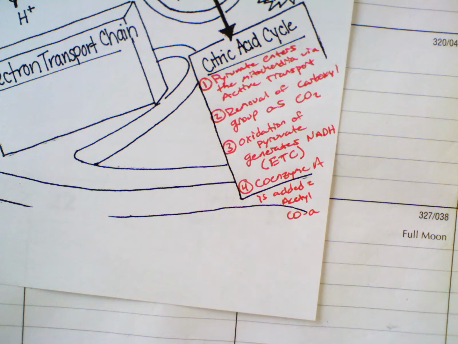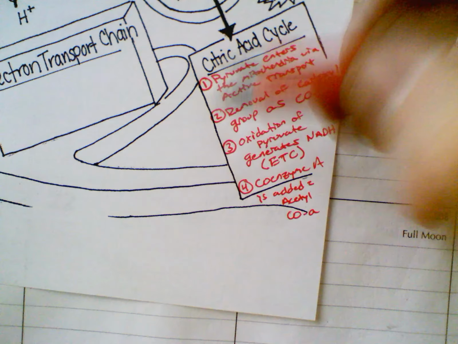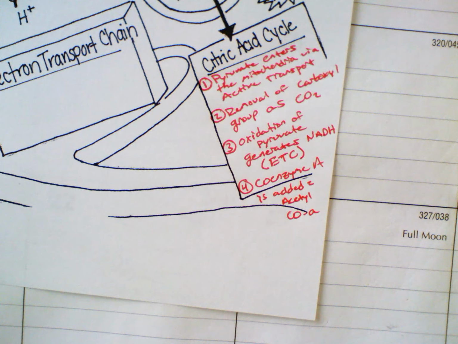Basically, it's just an intermediate that's required to make in order to start the Krebs cycle. This whole thing, 2 through 4, is actually called the link reaction.